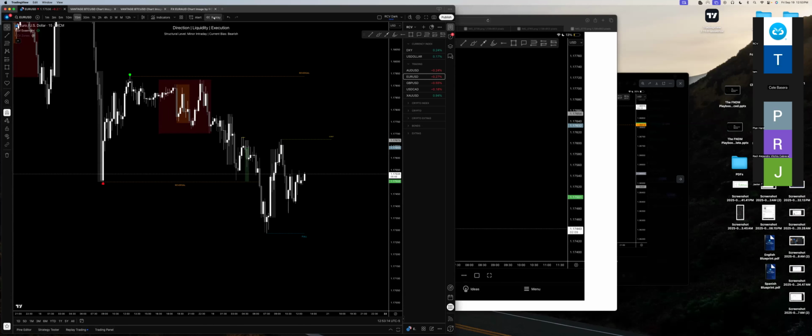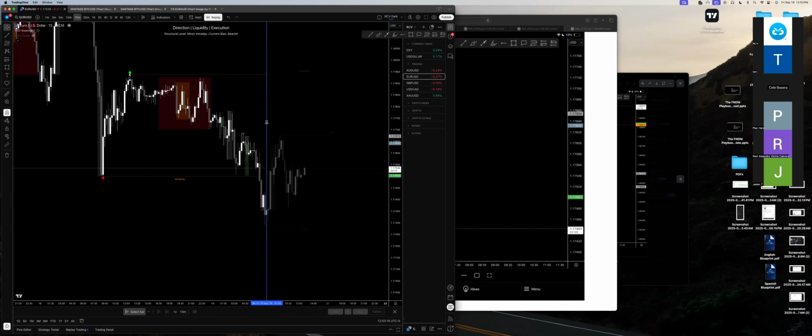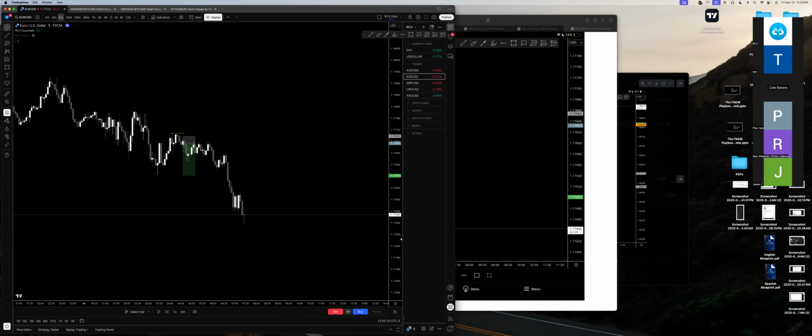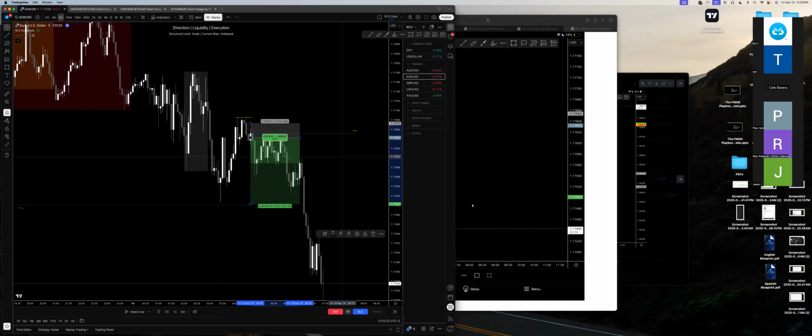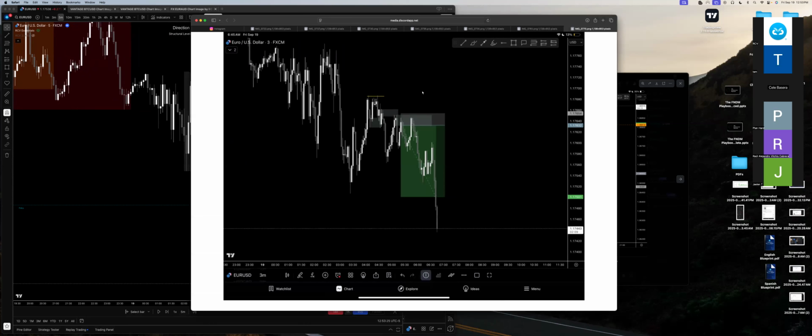And if we look here, this is my trade scenario, right? Like I said, I'm using the sweep, which is here, as my reasoning to continue this lower.